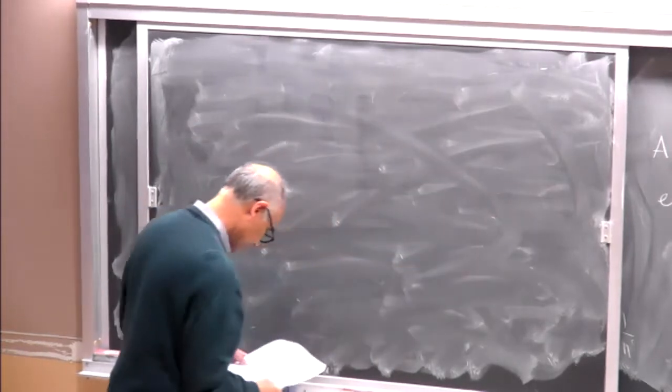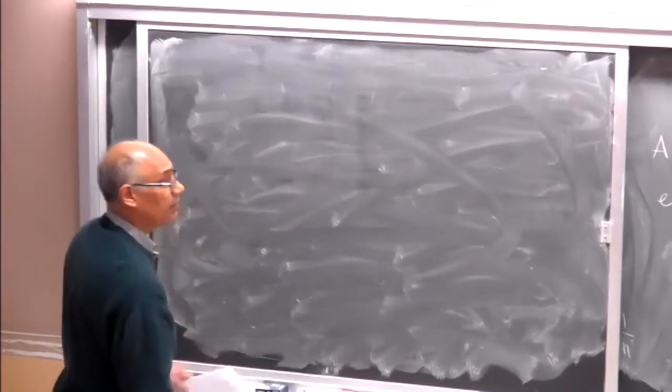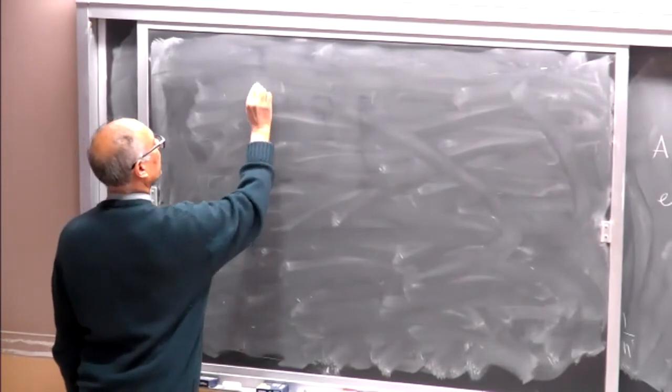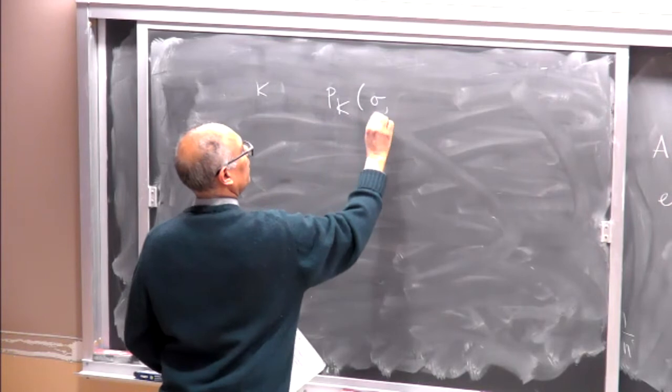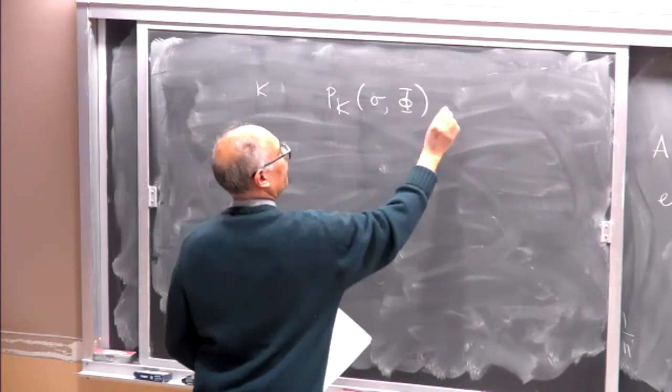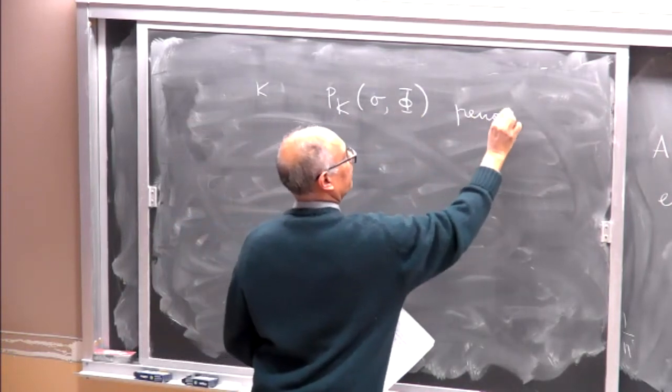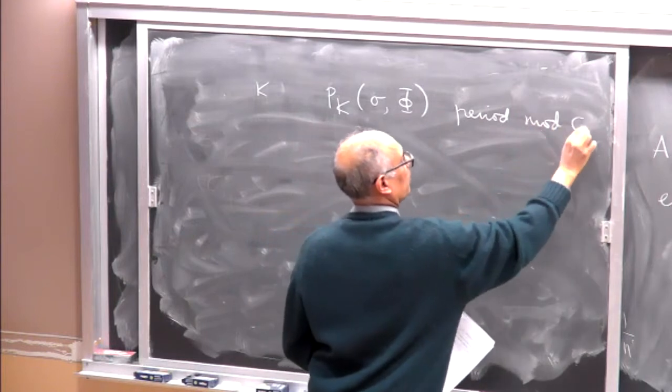So therefore, what do I have for K? I have for each choice of sigma in the CM type, I have a period. And this is defined modulo Q bar star.